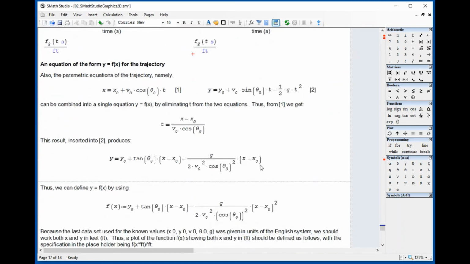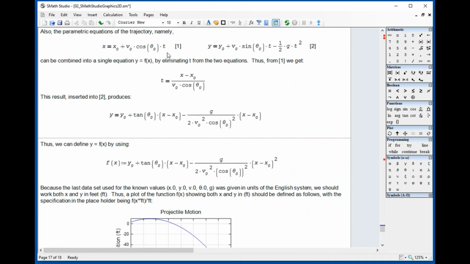One more example. If we take this component of projectile motion, solve for t from this one, and plug it in here and in here, I get this result, except that I'm missing a square in here. That's the equation of the parabola that describes the motion. And I'm going to make it a function of x, so I can plot the graphic.